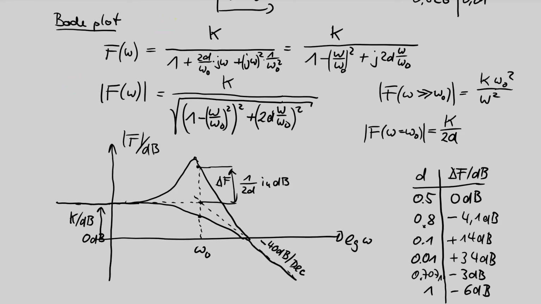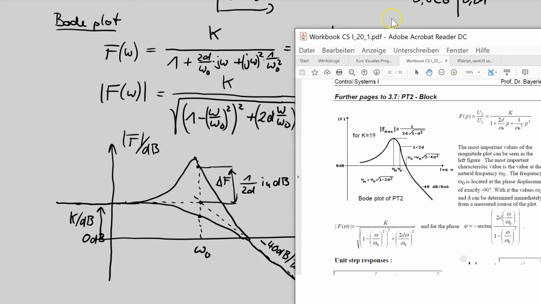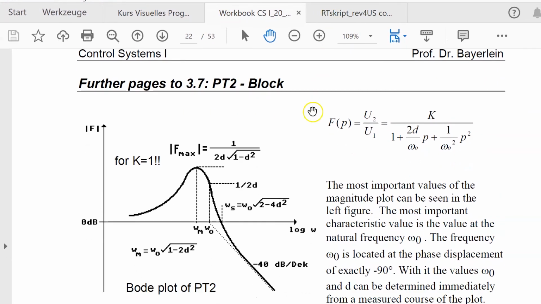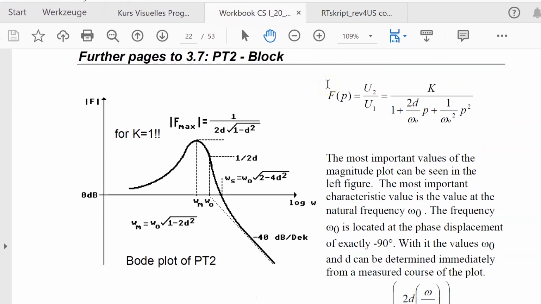You can find the value of the maximum on page 22. Look into this picture. Here you can find the relevant values. We talked about this point just in the last minutes. I have calculated the maximum of the curve.